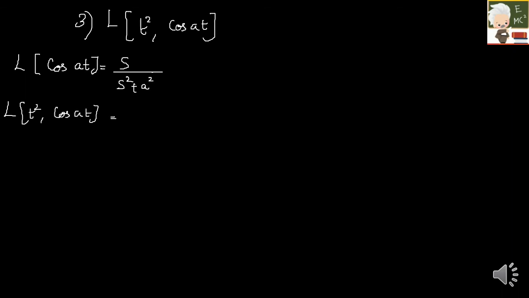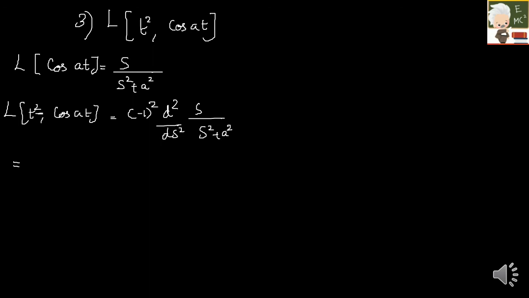Which would be minus 1 whole power n, and n here is 2. So minus 1 whole square into d square by ds square of s by s square plus a square. So we have to do double differentiation, so be careful with it.